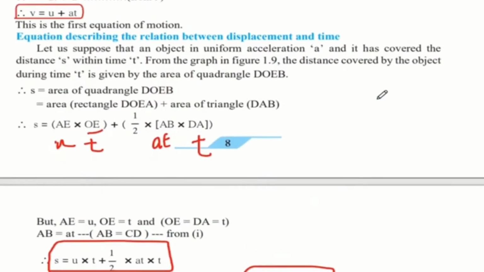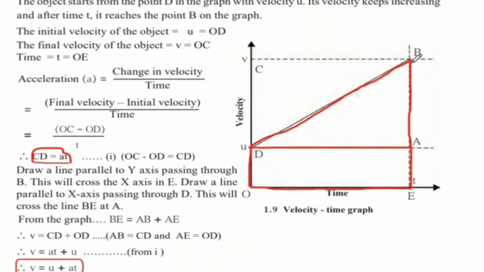So if we go to the previous graph, here we had seen that in order to calculate the distance travelled by the object, we could find the area of DOEB, which was a quadrangle. Before, we had found the area by first finding the area of this rectangle and adding it to the area of this triangle.